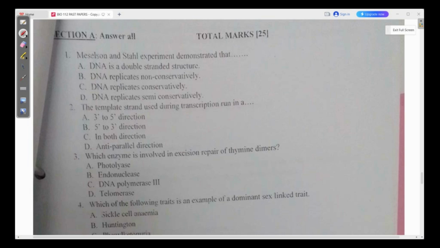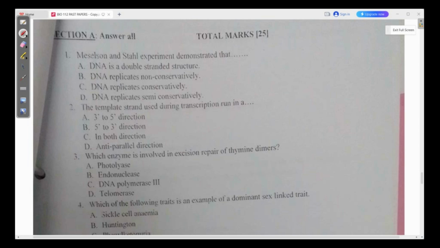Because at first DNA replication was considered to take place in three different models. These models were that DNA replication is dispersive, that is, each strand contains both new and old strand.